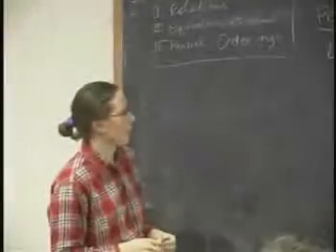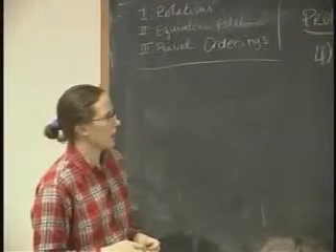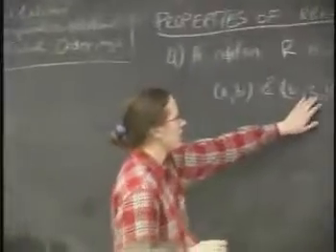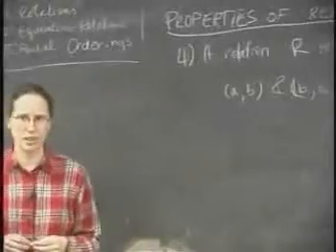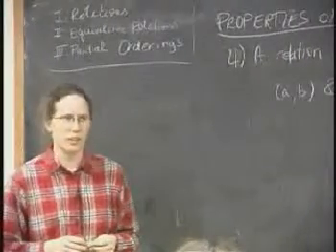Okay, so now there's a question. I guess you have to now be careful. If we had C equal to A and our relationship was symmetric and transitive, then it would also have to be reflexive.